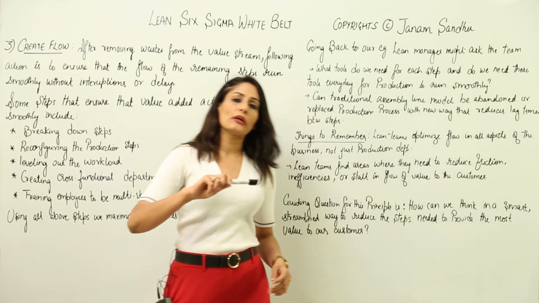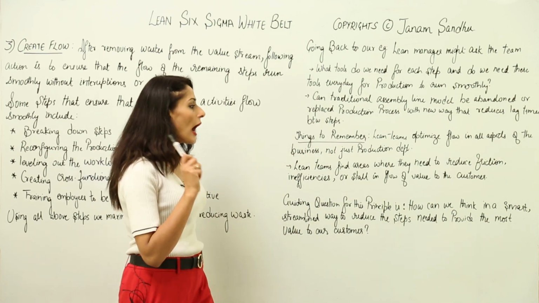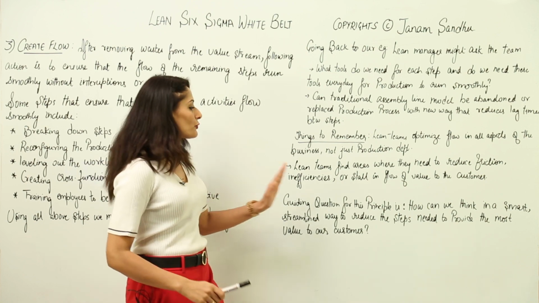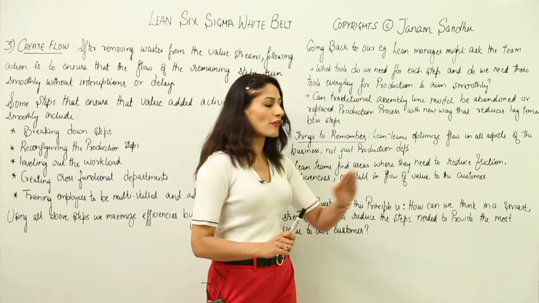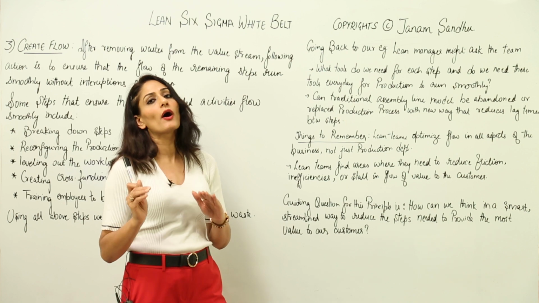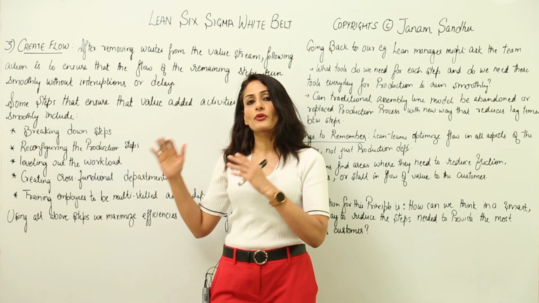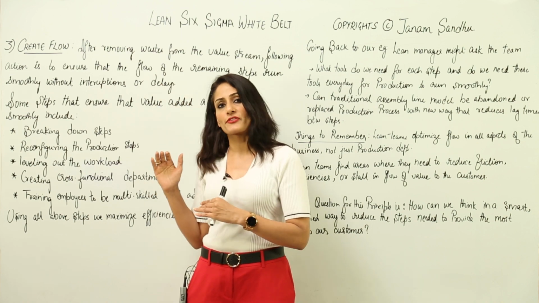So, the guiding question for this principle is how can we think in a smart, streamlined way to reduce the steps needed to provide the most value to our customer. When you ask this question, you will be able to create a better flow for your processes.